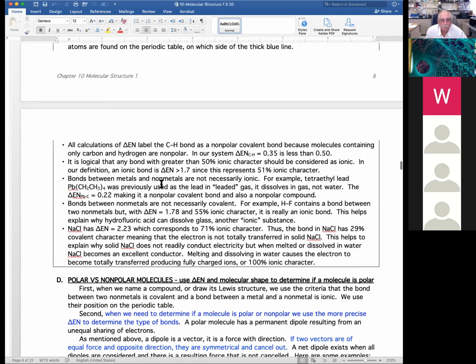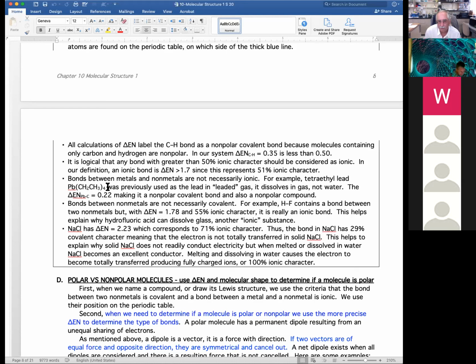So bonds between metals and nonmetals are not necessarily ionic. For example, take tetraethyl lead, here's the formula for it. That was previously used in leaded gasoline. So what does that mean? Does gas dissolve in water? No, it does not. This molecule has a metal and nonmetals, it dissolves in gas, it doesn't dissolve in water.